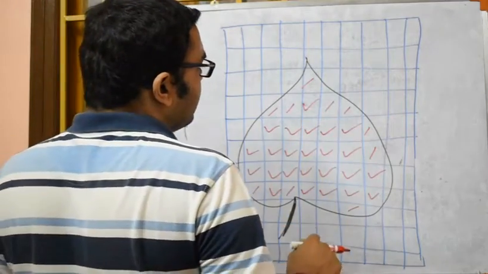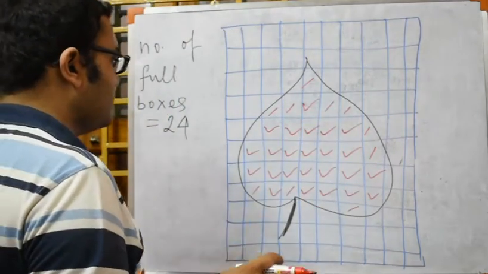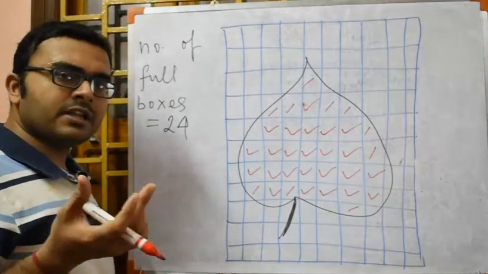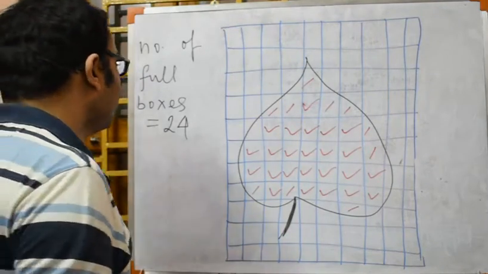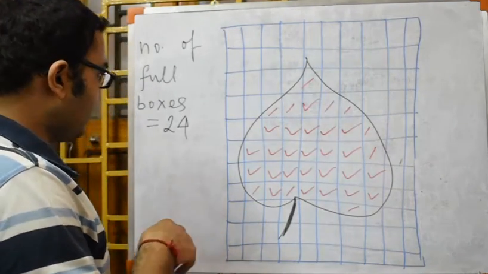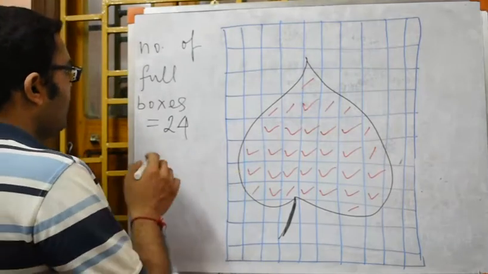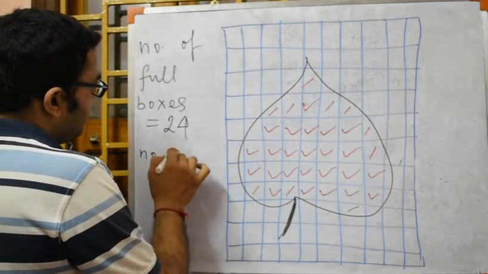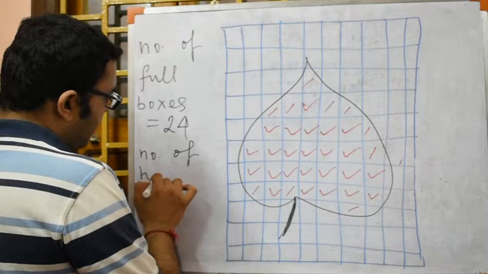So like this you count the number of boxes which are at least half or more than half present, not the full boxes. I write it here as the number of half boxes.